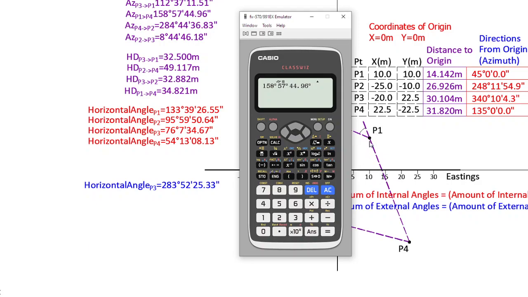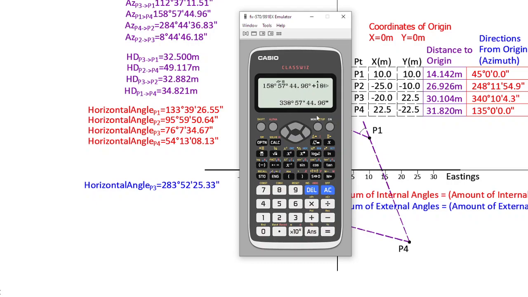That is from P1 to P4, but I need the back bearing from P4 to P1. I just add 180 degrees. The demonstration of why it's 180 degrees difference is shown in the previous video.